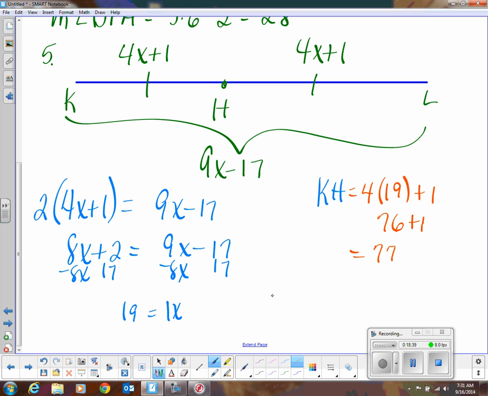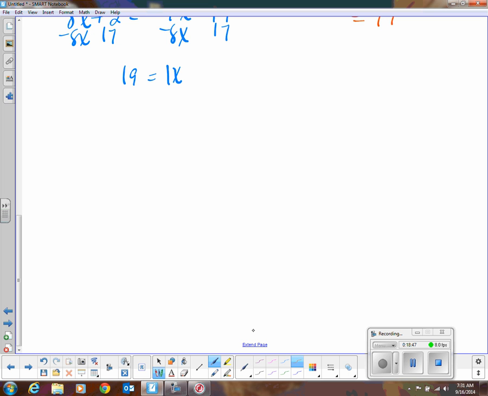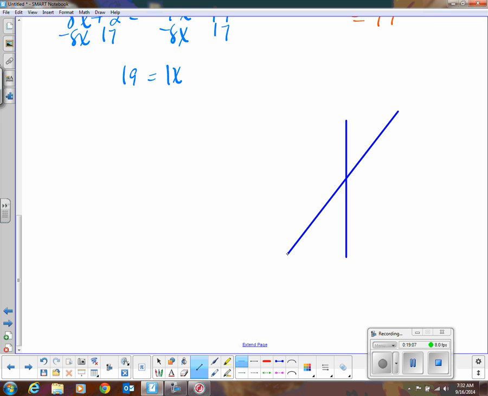Alright, so now this is all about your knowledge of your angles. On 9, it says angles GBE and HBE. I think what I'm going to do is draw just the part of the diagram that I need, and it's going to look something like this.